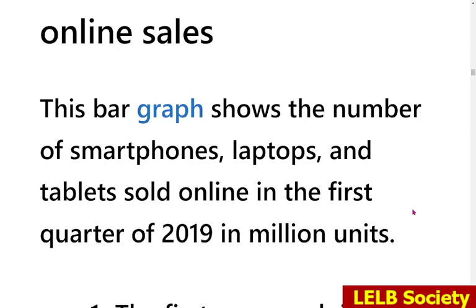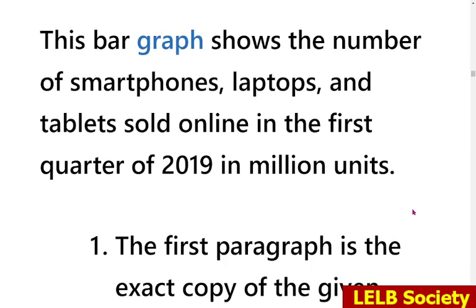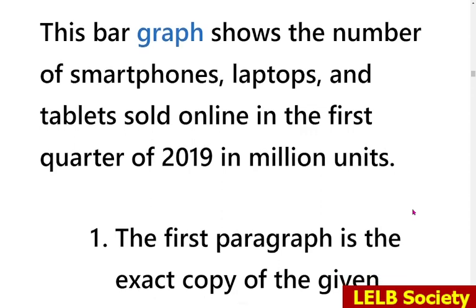The first paragraph. This bar graph shows the number of smartphones, laptops, and tablets sold online in the first quarter of 2019 in million units. As you can see, the essayist or reporter has exactly duplicated or copied the IELTS title in the question.